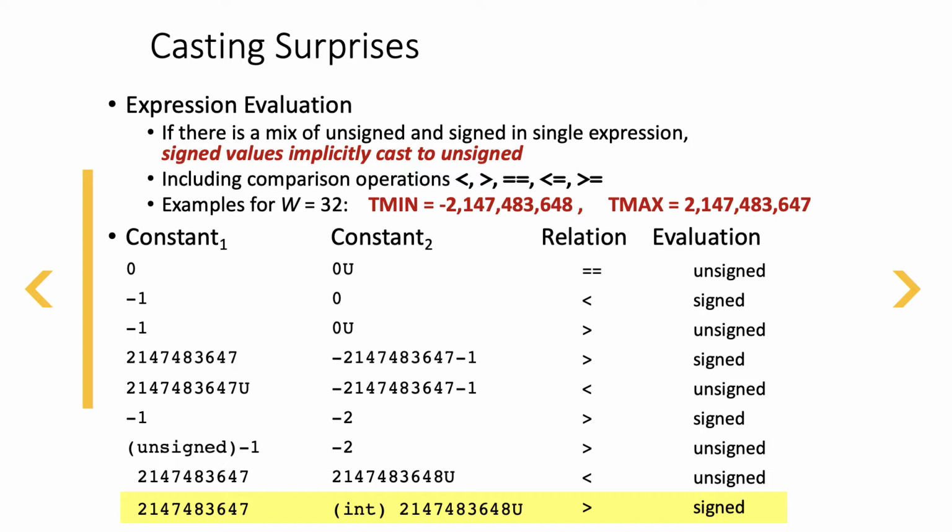T max + 1 actually ends up being T min. So because of that, we've got what looks like constant 1 should be less than constant 2. And it's not a surprise that it evaluates as signed, but because of that conversion from a number that's outside of the 2's complement range for a 32-bit word size, it ends up evaluating as greater than.